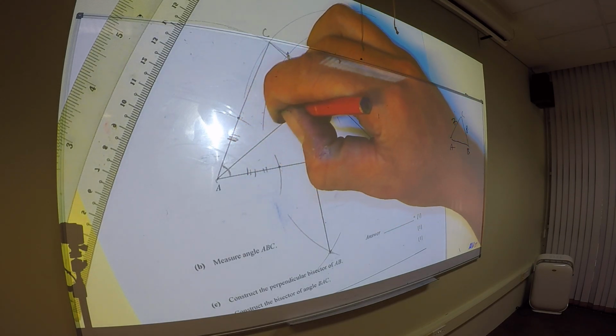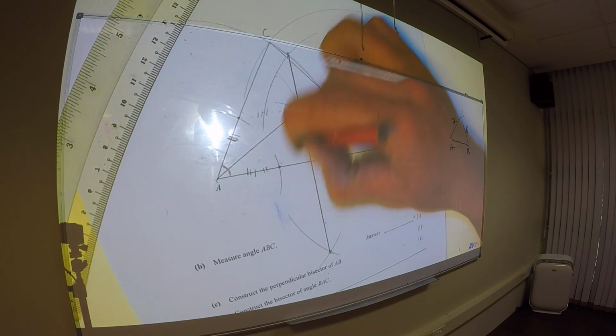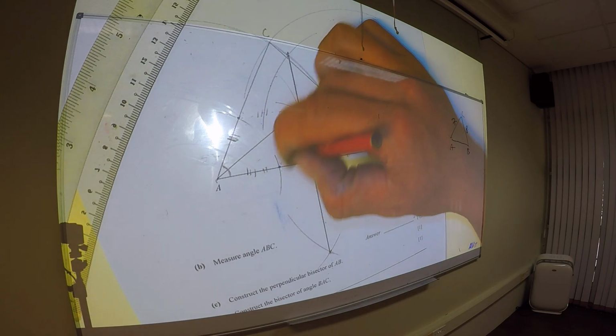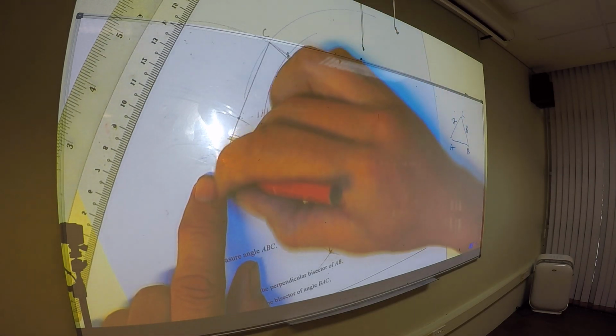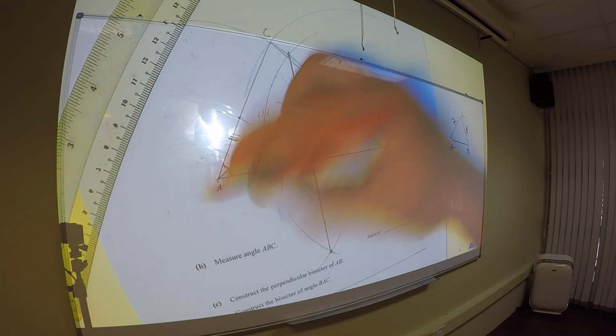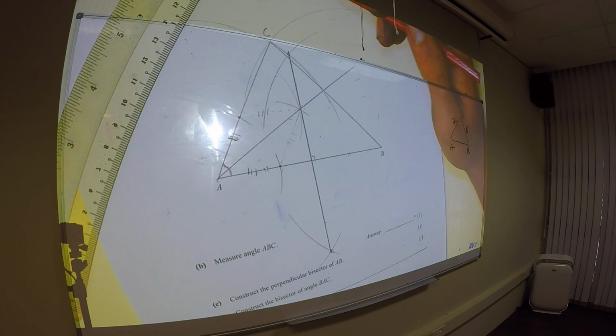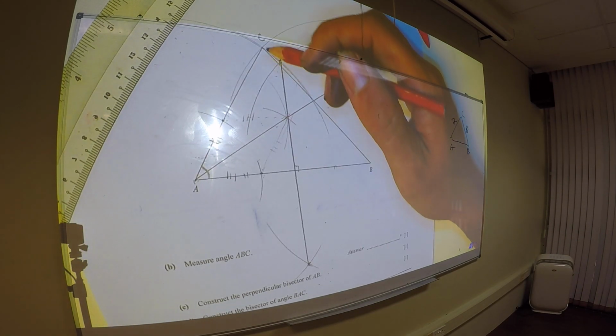Then if I draw a dotted line here, this distance is also the same. This distance is the same. It is actually like a diamond shape. So in the diamond shape, the diagonal will exactly cut this into two. Okay. So everything is with your compass.